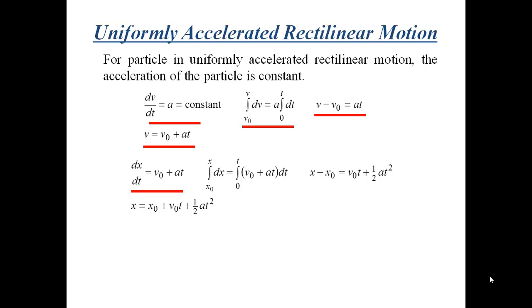Denoting by x naught the initial value of x and integrating, integral x naught to x dx is equal to integral 0 to t of v naught plus at dt. Integrating, we get x minus x naught is equal to v naught t plus 1 by 2 a t square. Rearranging, x is equal to x naught plus v naught t plus 1 by 2 a t square.